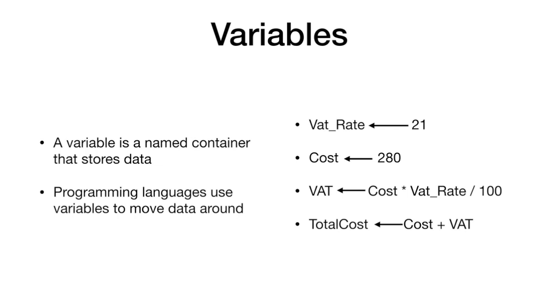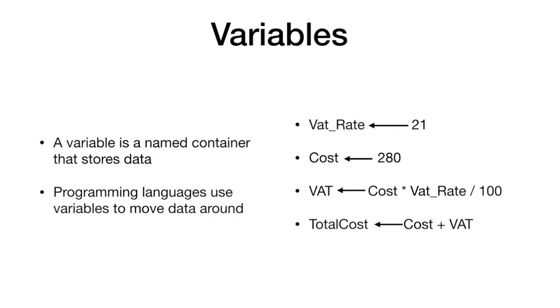So if we wanted to calculate the total cost of something, given that we had the VAT rate and the cost before VAT, we might do something like this with the variables. We might have a variable called VAT rate, and we would put into that 21. We would have another variable called cost, and we would put into that the cost of the item.